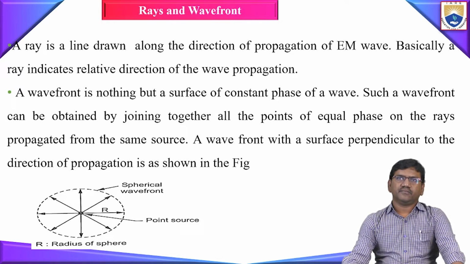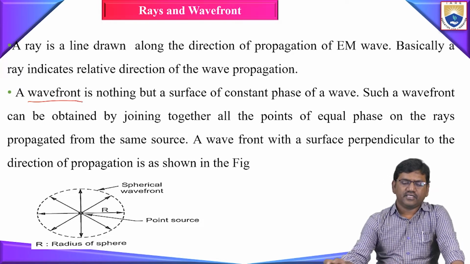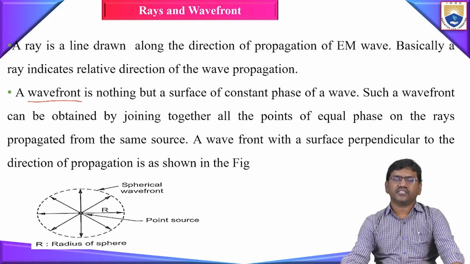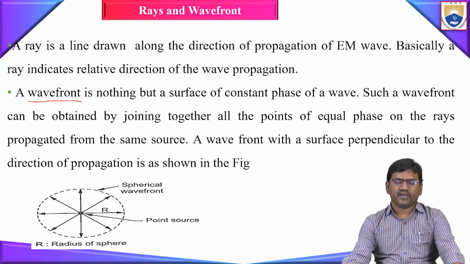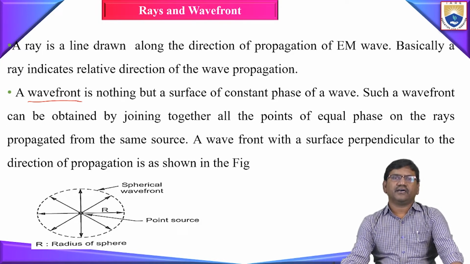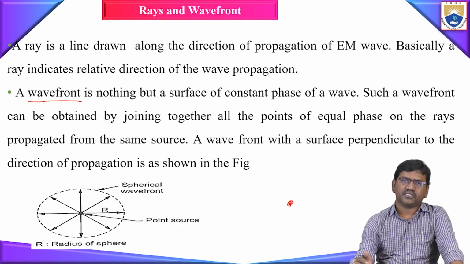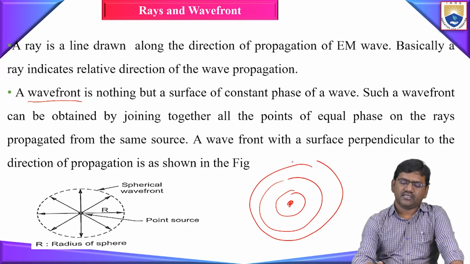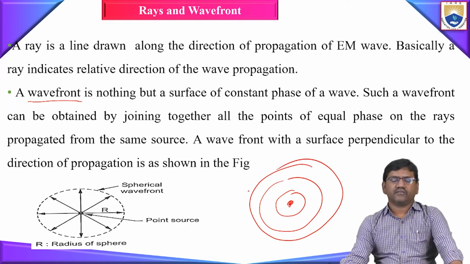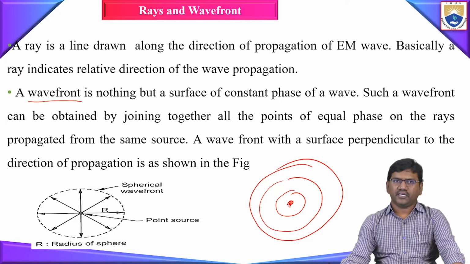The wavefront is nothing but a surface of constant phase of a wave. Such a wavefront can be obtained by joining together all the points of equal phase on the rays propagated from the same source. Let us take a stone. When we drop a stone into the water, some waves are produced surrounding the stone.